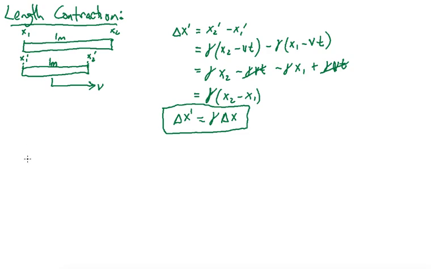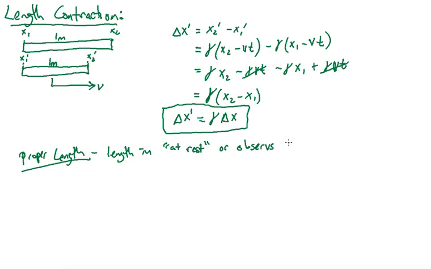And we can define a couple of things. Like with time, where we had proper time and dilated time, we can have a proper length. This is the length in the at-rest or observer's frame, just as proper time was the time in the at-rest frame.